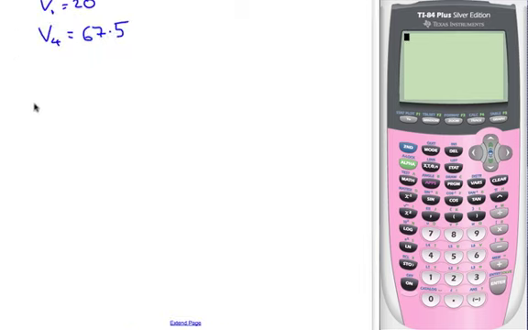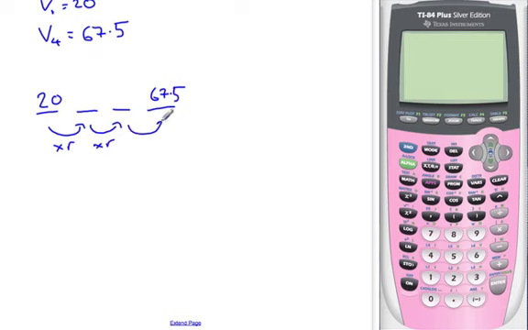What I would normally do here is just put, I've got my 20, that's my first term, then I've got my second term, third term, fourth term, 67.5. I need to times by r, times by r, times by r. So 20 times r cubed equals 67.5.